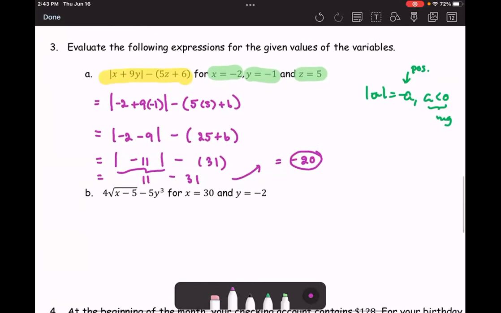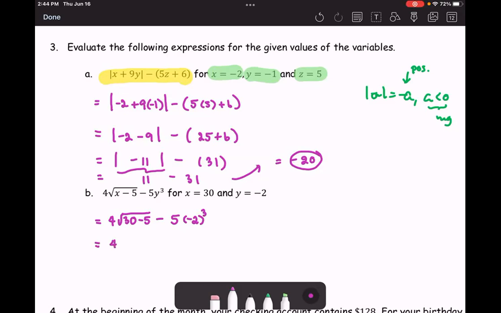Similarly, the second example, or example B, replace x with the value 30. So square root of 30 minus 5, subtracted by 5 times y to the third, where y is -2. So we raise -2 to the third power.